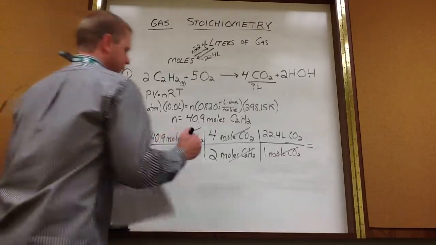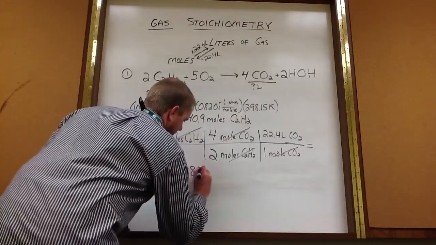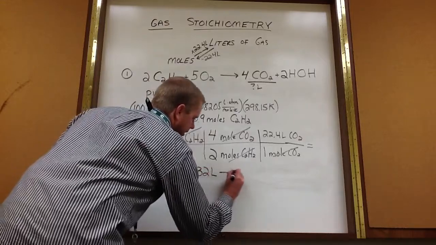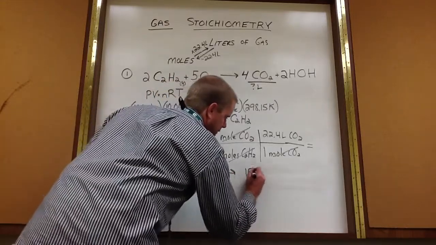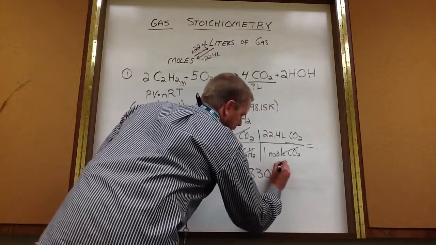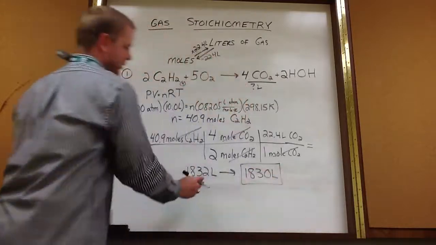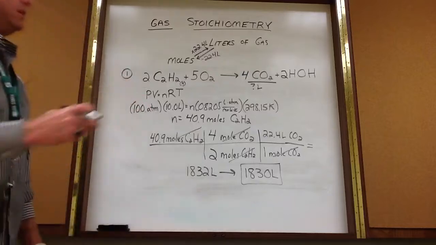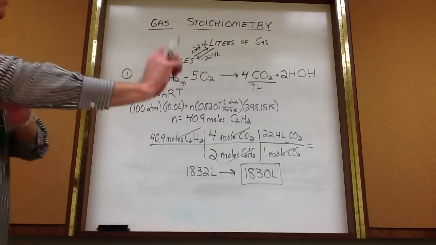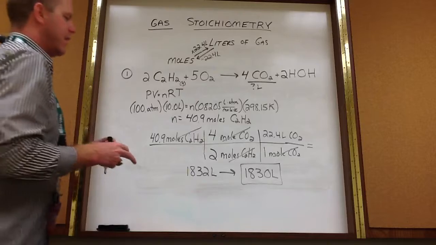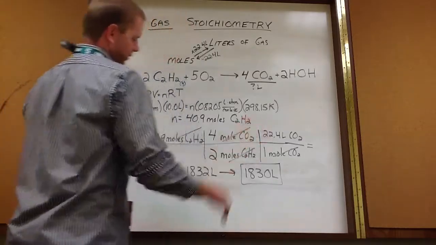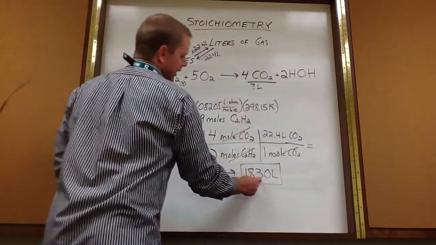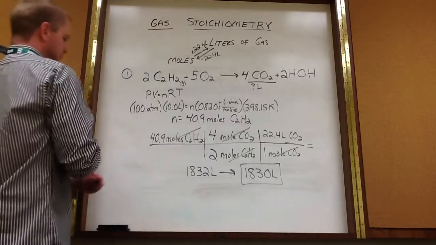So the answer, therefore, is, I get 1832 liters, but we can only have 3 sig figs, so 1,830 liters. Now, if you gave me 1,832 liters, I'd probably give you a 9 out of 10. You know how to do a gas stoichiometry problem. I'd be more concerned about that than the sig figs piece. But this is the correct significant figure answer.